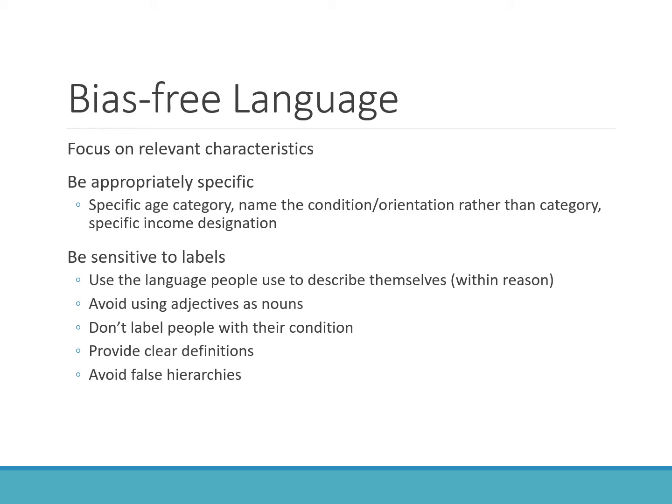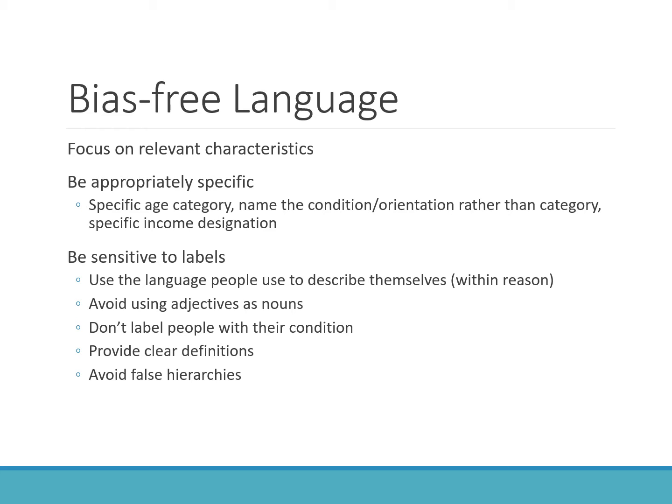You want to name the condition or orientation rather than category, so that would be something like lesbian women as opposed to saying homosexuals. And you want to focus on specific income designation, right? So we want to avoid using terms like poor or rich in favor of being more specific, like people who are living below the federal poverty line.